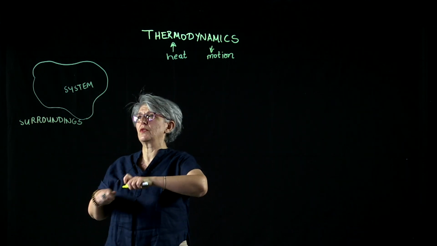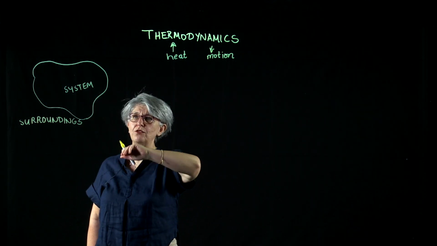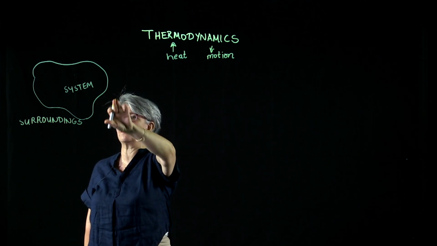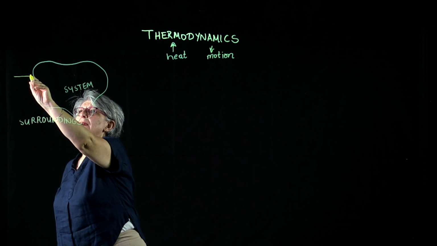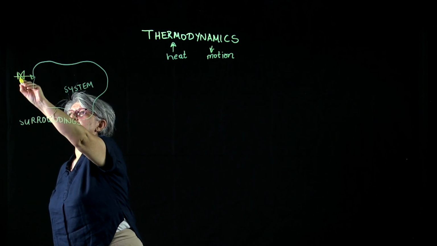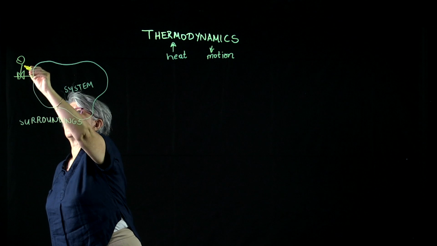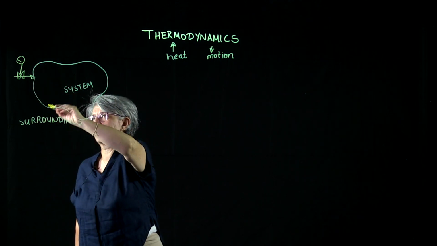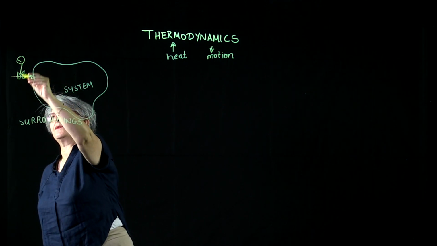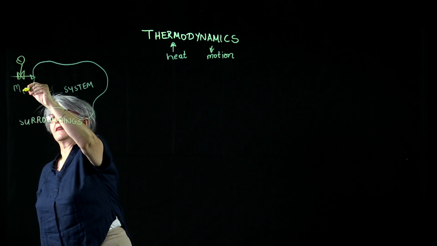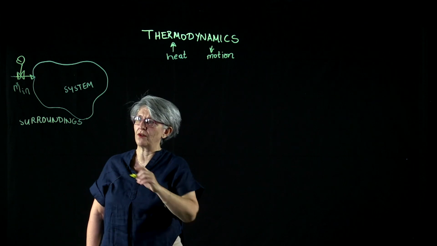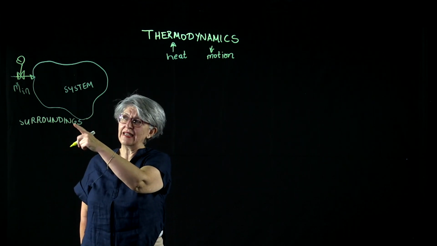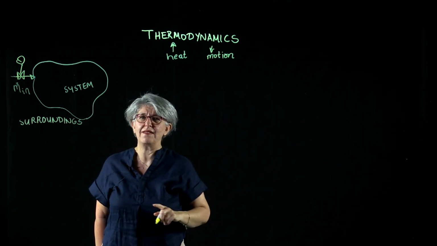Okay, so the first window that we need to open between the system and the surroundings is a window that will allow us mass exchange. All right, this is a valve that allows mass into the system. When I put a dot on top of the letter, it indicates that that is a rate.